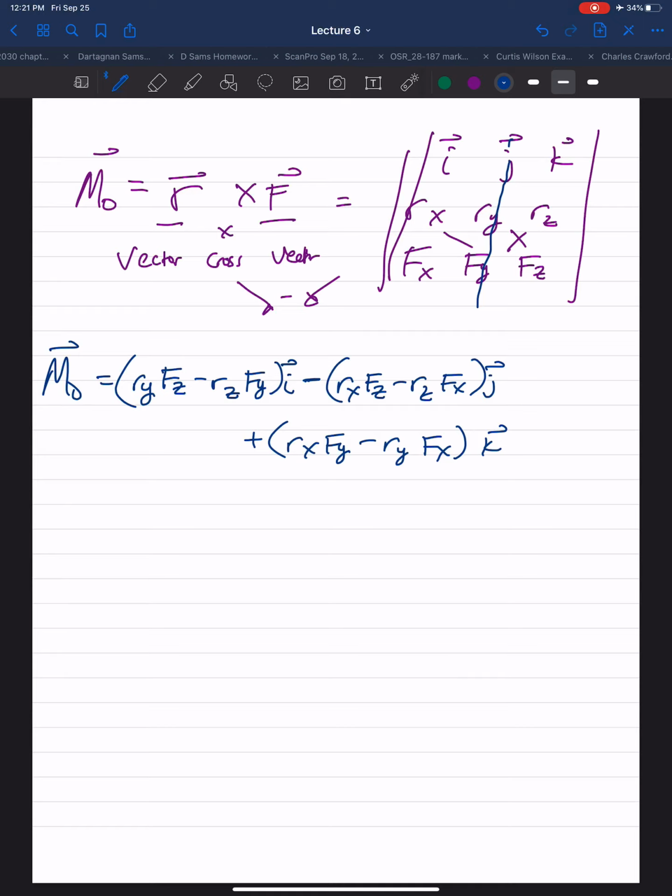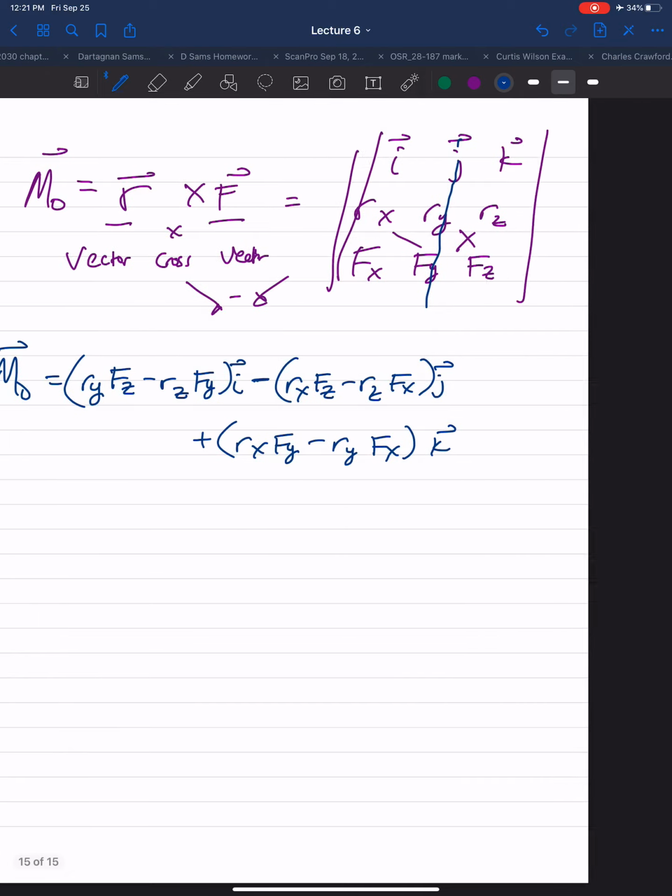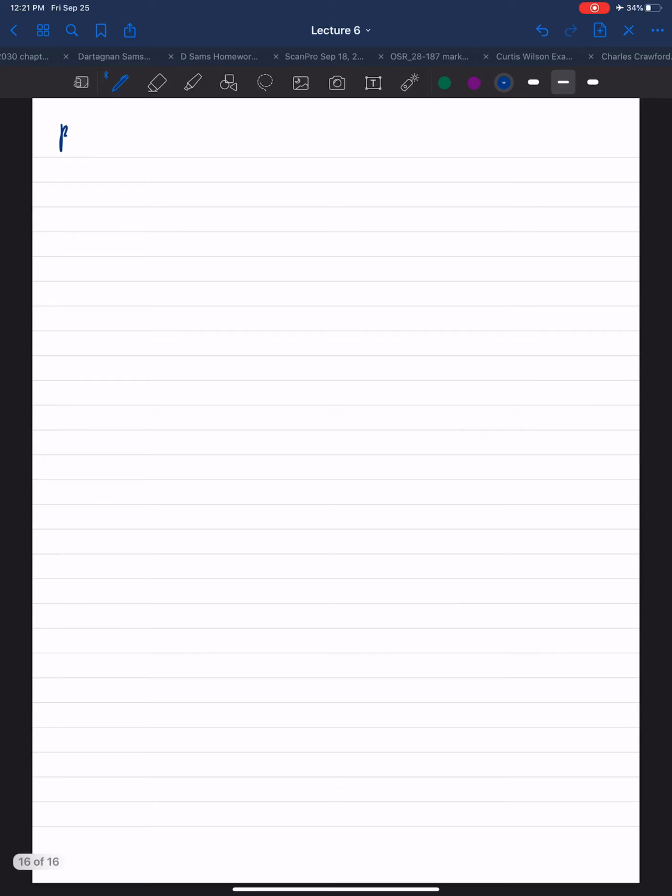Let's work out an example problem that will make it a little bit clearer. Let's look on page 88. This is example 3.3 in the text. So the question asks us to determine the moment produced by the force F about point O. This is in three-dimensional space.